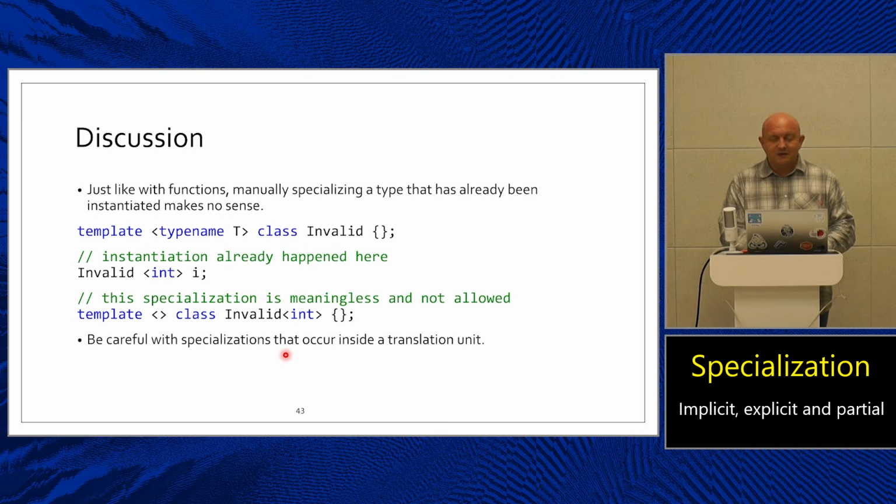And we can create explicit specialization for a class just like with function, and instantiation also generates a specialization for us. The same core mechanism applies to classes, and the same critical rules apply. If specialization has already been implicitly generated by the instantiation process, we cannot later provide an explicit specialization for it.